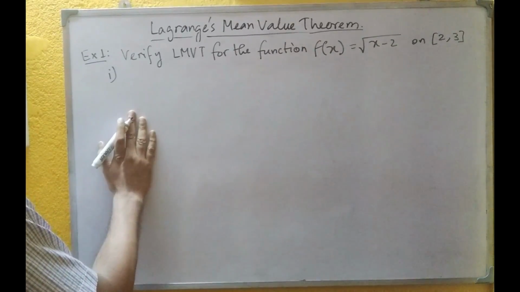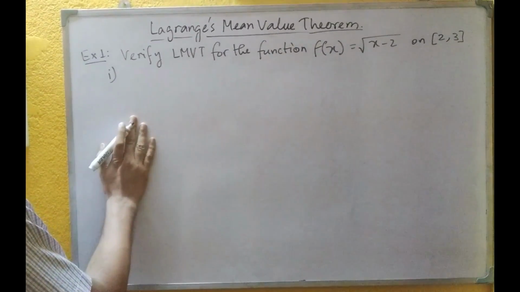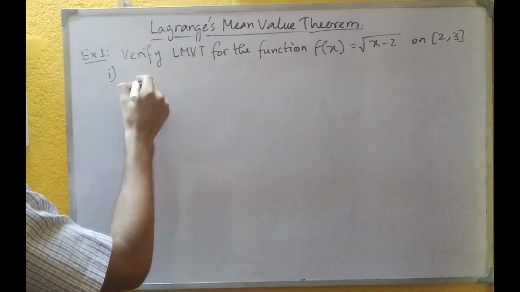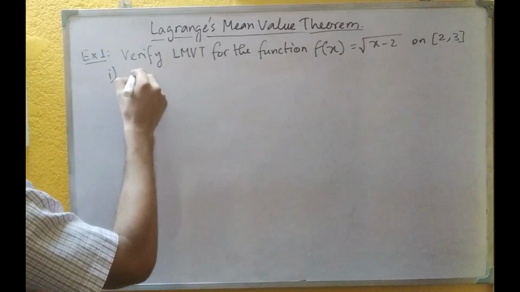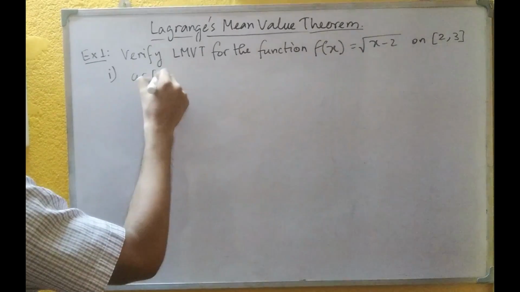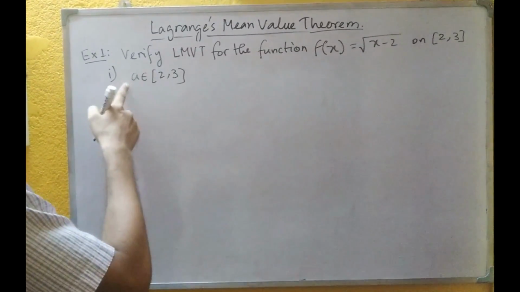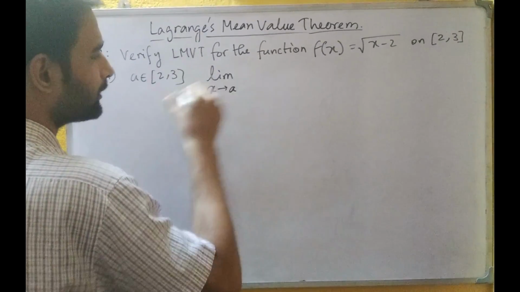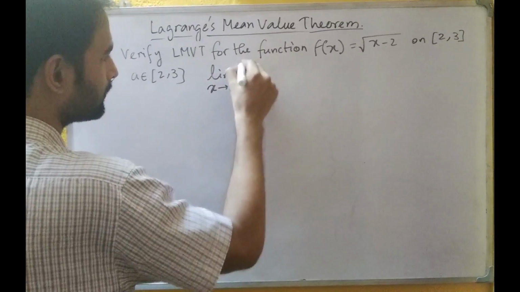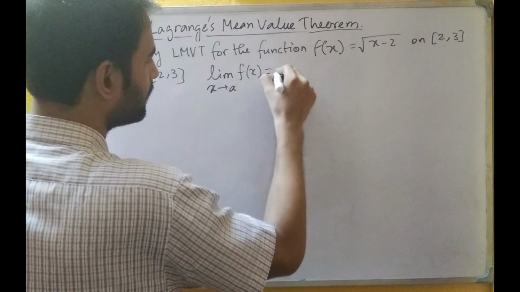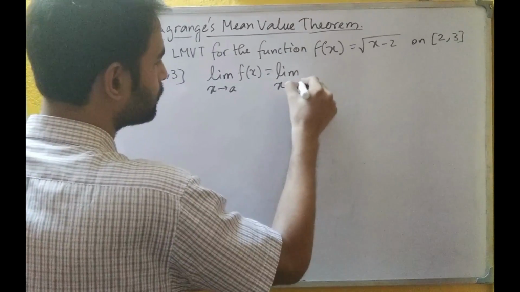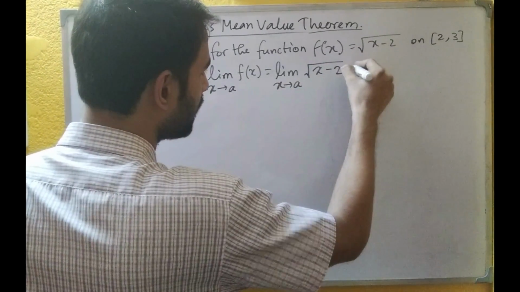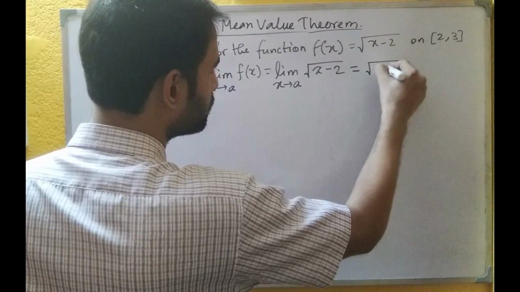See, from the expression we can say it is continuous everywhere because it somehow looks like a polynomial. For a more convenient way, let us take some point a within the closed interval and check continuity at this point. So if you take limit x tends to a of f(x), it is limit x tends to a of root over of x minus 2, and this value will be root over of a minus 2.